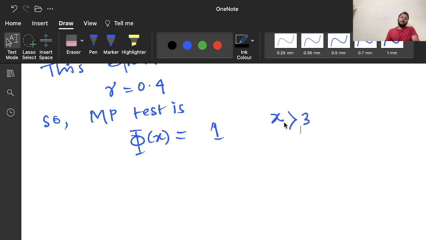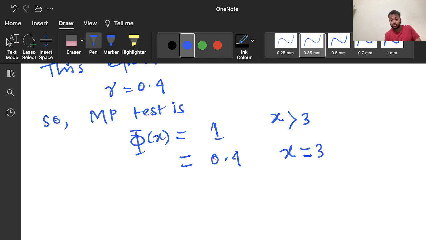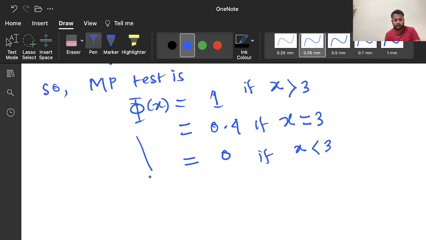You will not reject with probability 1, but with probability 0.4 you will reject the null hypothesis if x equal to 3, and you cannot reject the null hypothesis if x less than 3. So this test is heavily biased.